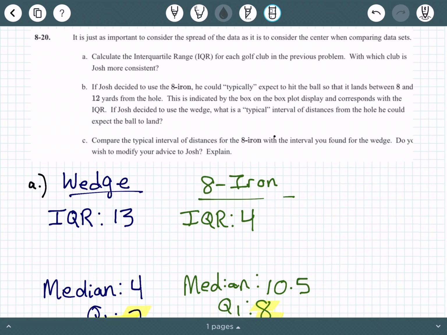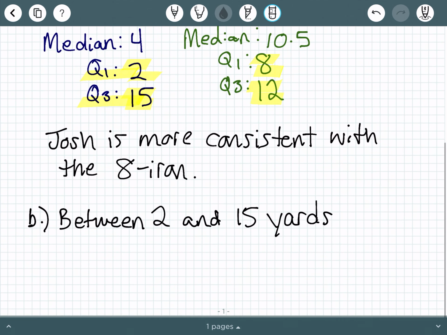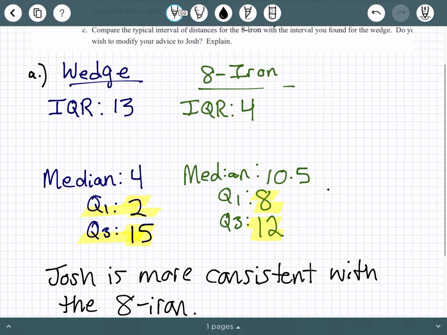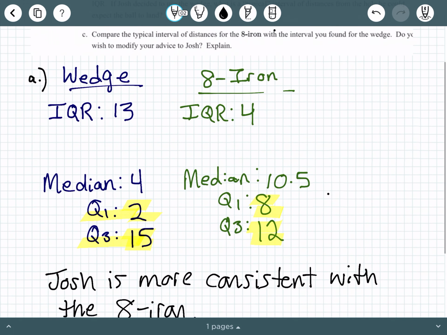Or I guess a different club, not iron. Or do we want to stick with the wedge? Do we want to say, yeah, the wedge is still going to be the better choice, or should we go with the 8-iron? Now, we talked about it is still true that the wedge is going to get us most oftentimes closer to the hole. However, the 8-iron is more consistent with distances.